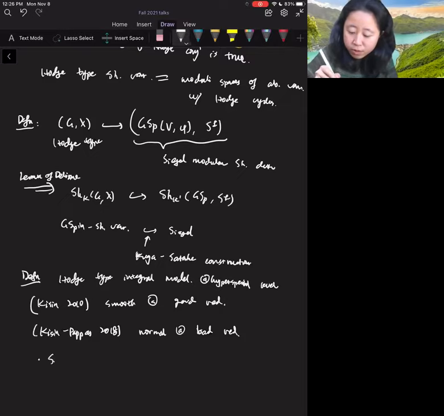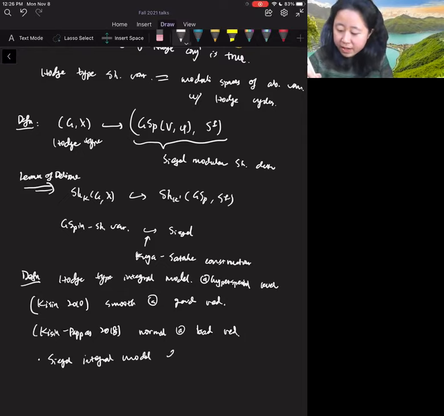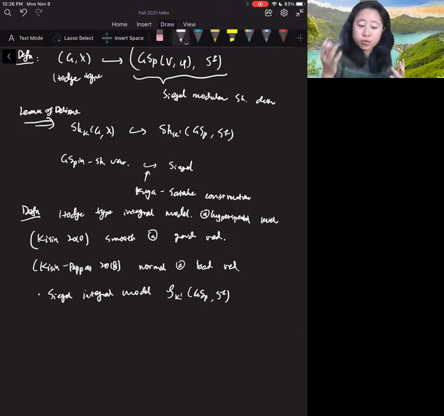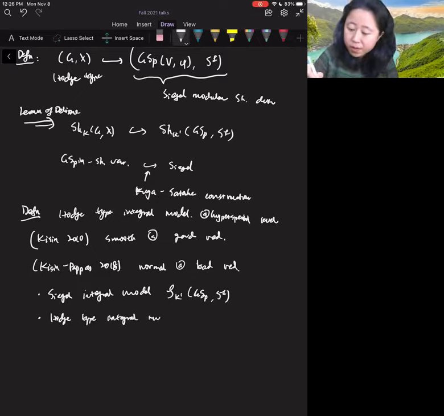So first, recall we have these Siegel integral models that I defined earlier for a Siegel modular variety. So these are just the closure of the Siegel modular variety inside your GIT moduli space. And you define your Hodge-type integral model using these Siegel integral models. Okay, so first I start with a Hodge-type Shimura variety.